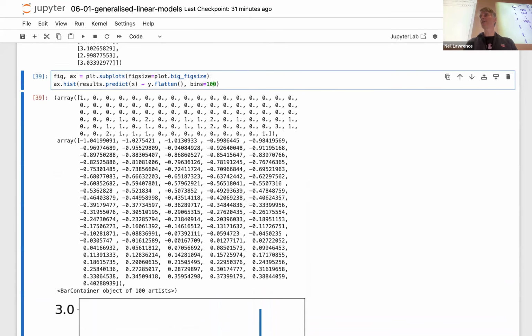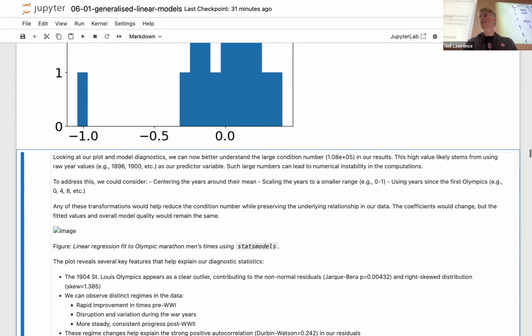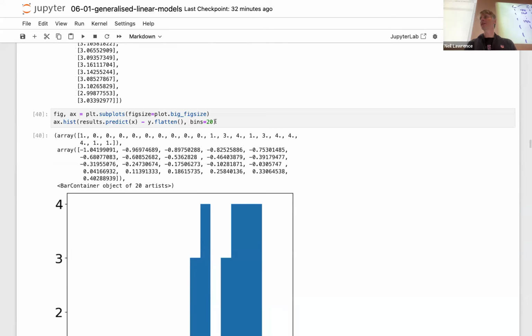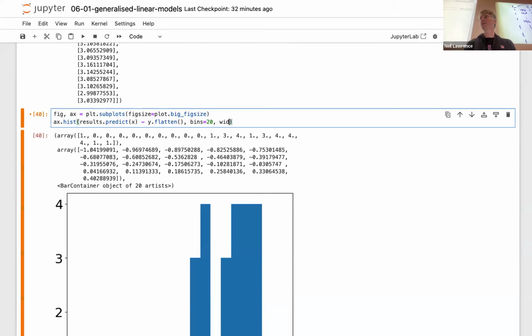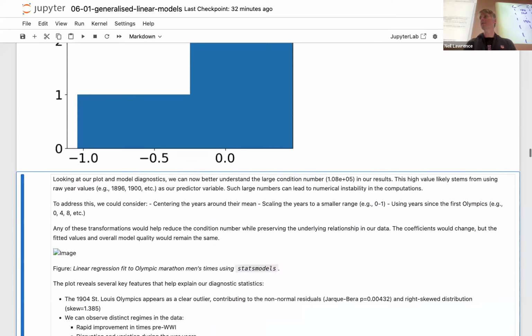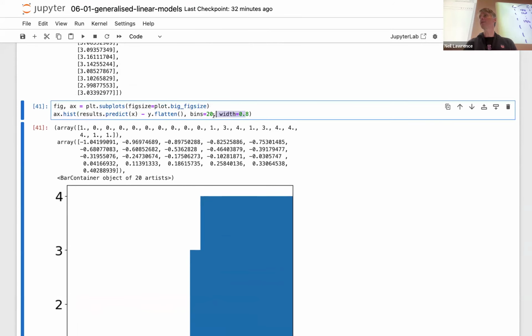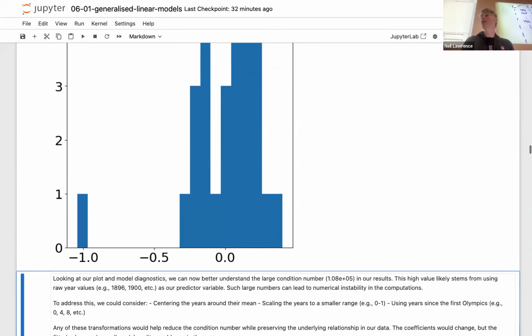Makes sense, given I only had 20 data points. So let's try 20. There's not a lot of data to see the histogram of these residuals, but you can at least see that enormous outlier. There's another thing that I don't know why, it used to have width equals, a way of setting the width so that the histograms are a bit separated, but I can't remember how you do that.